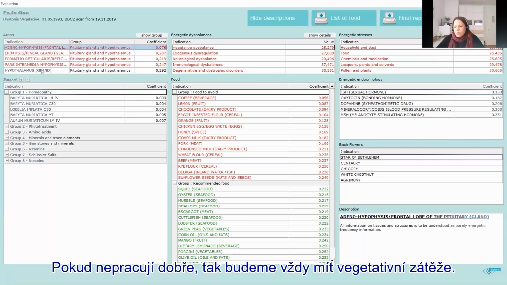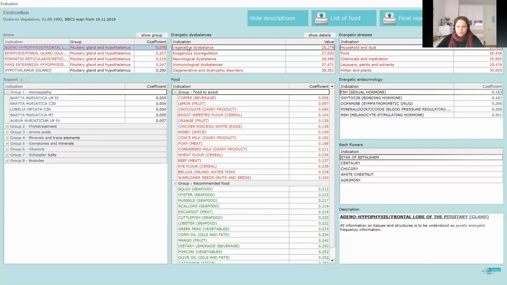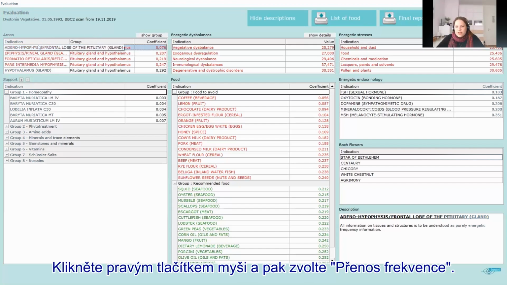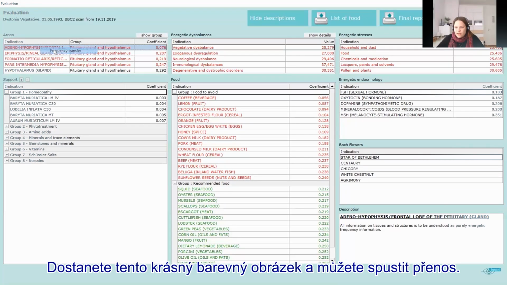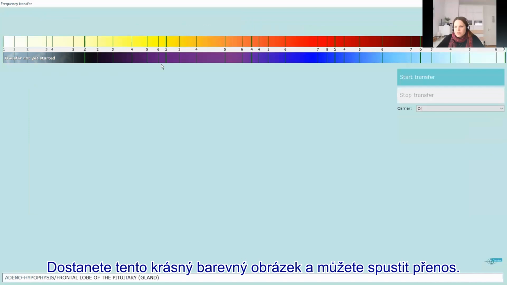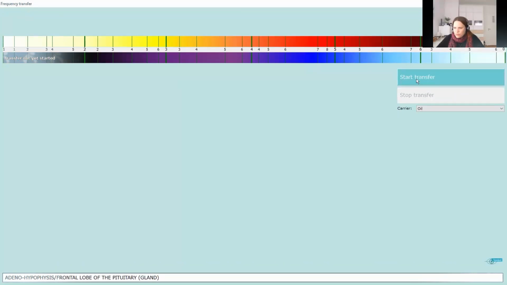If they don't work well, you will always have vegetative stresses in your system. So what you can do with the frequency transfer is click with the right mouse button and then click on the frequency transfer. You will have this nice colorful image and you can start the transfer. I won't do it now.